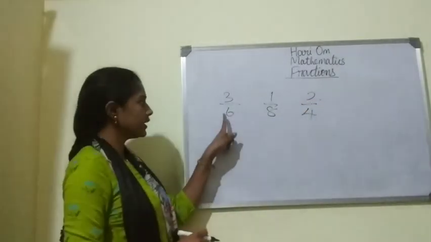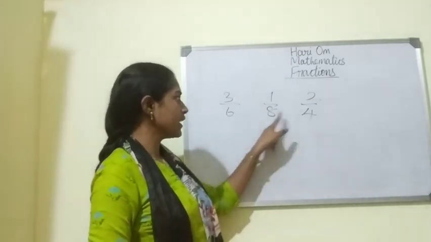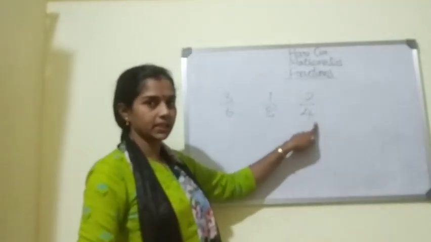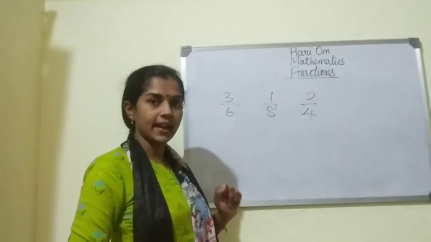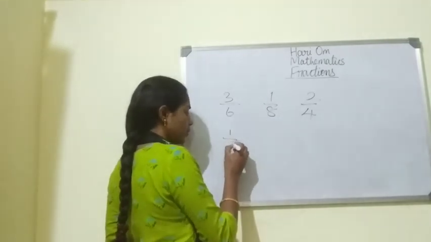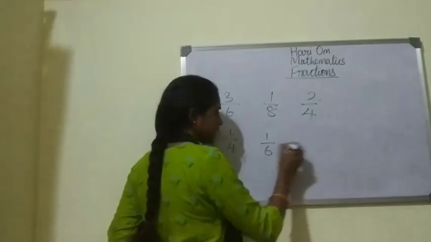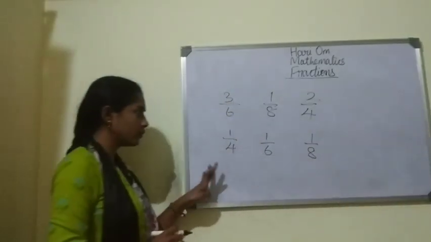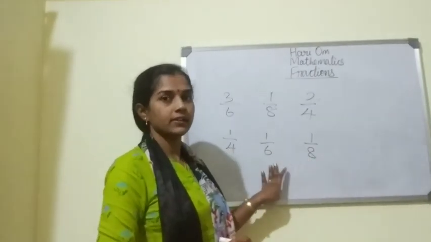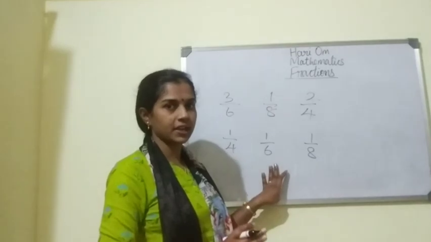Can you see here, in the denominator we have 6, 8 and 4. If we have different numbers in the denominator, they are called unlike fractions. Even 1 by 4, 1 by 6, 1 by 8, where the denominators are different, are unlike fractions.